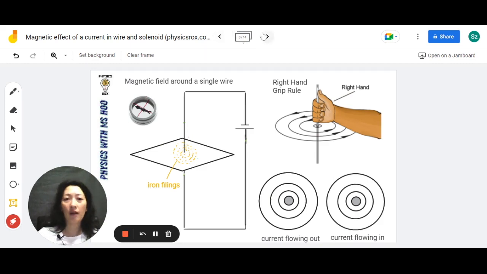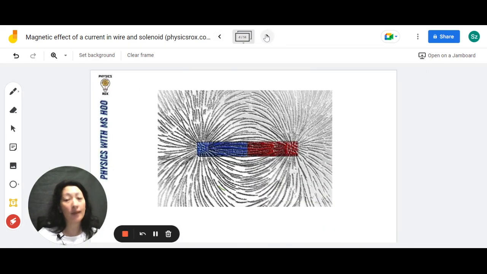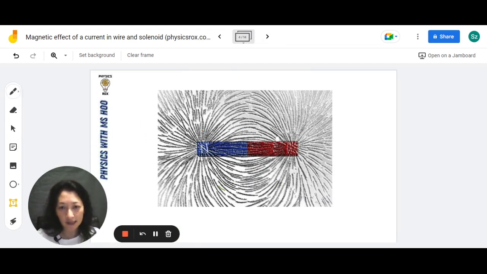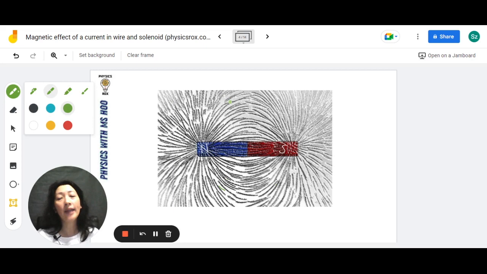Now, if you also recall what you've learned about magnetic fields around a permanent magnet, there are also directions. Let's say this is north and this is south. If you place a compass within a magnetic field, you'll find that the compass will show directions.